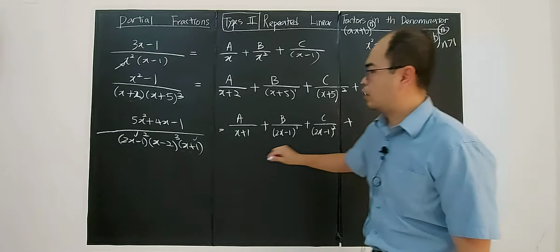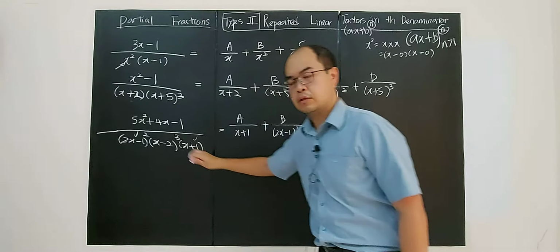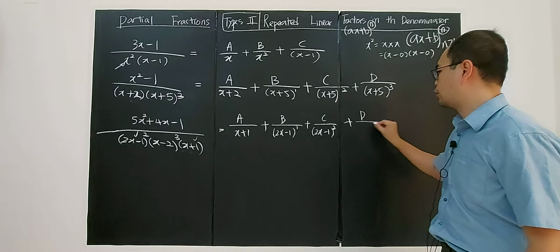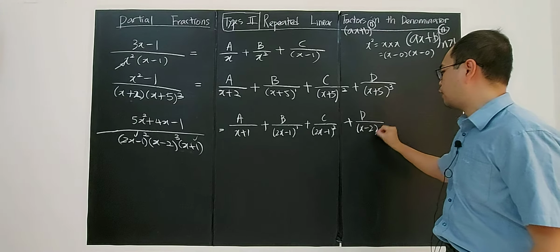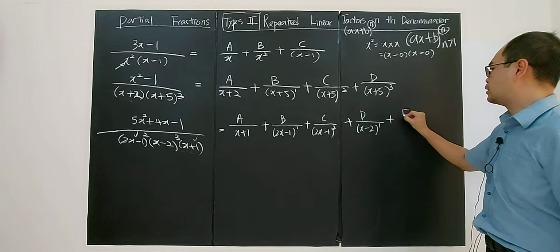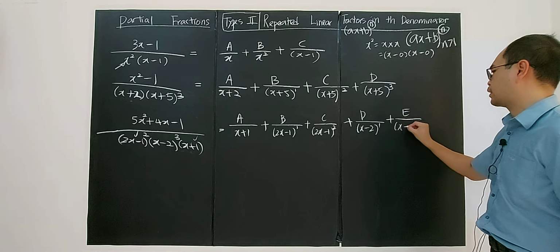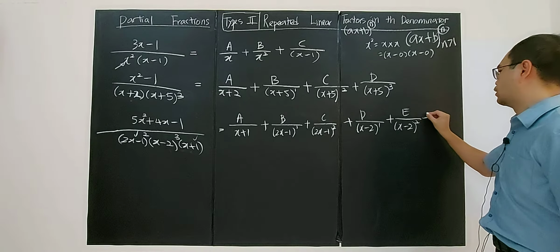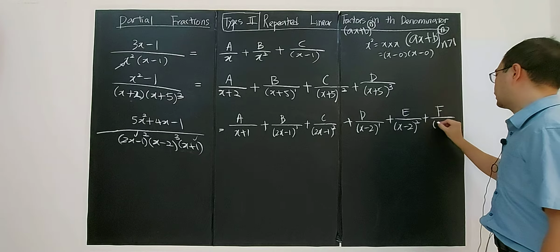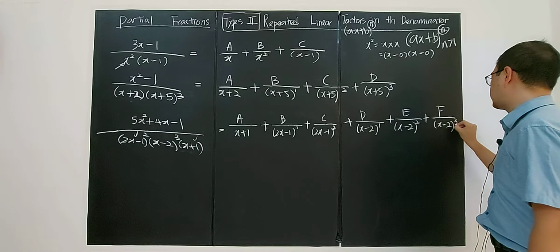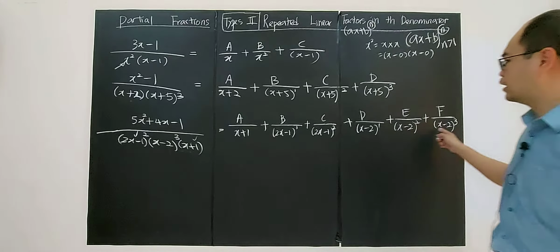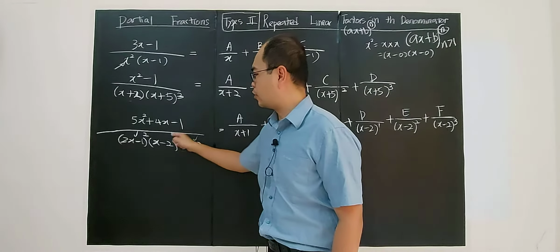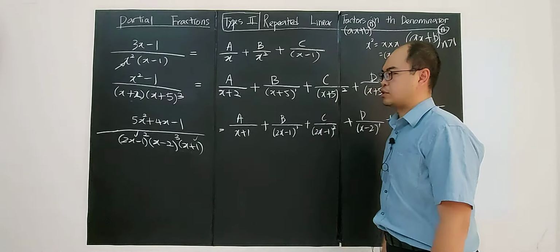Now go for x minus 2 to the power of 3. You will have D over x minus 2 to the power of 1 first, followed by E over (x minus 2) to the power of 2, followed by F over (x minus 2) to the power of 3. This will be the partial fraction for this rational function.